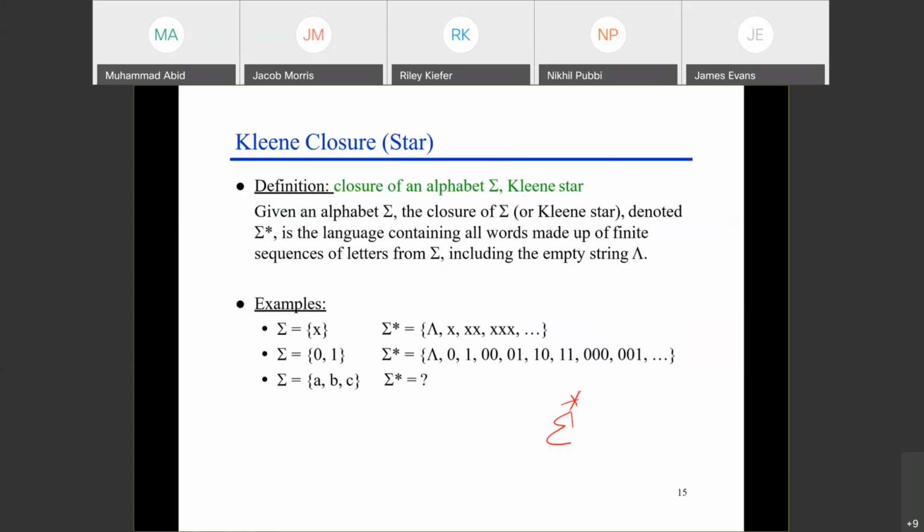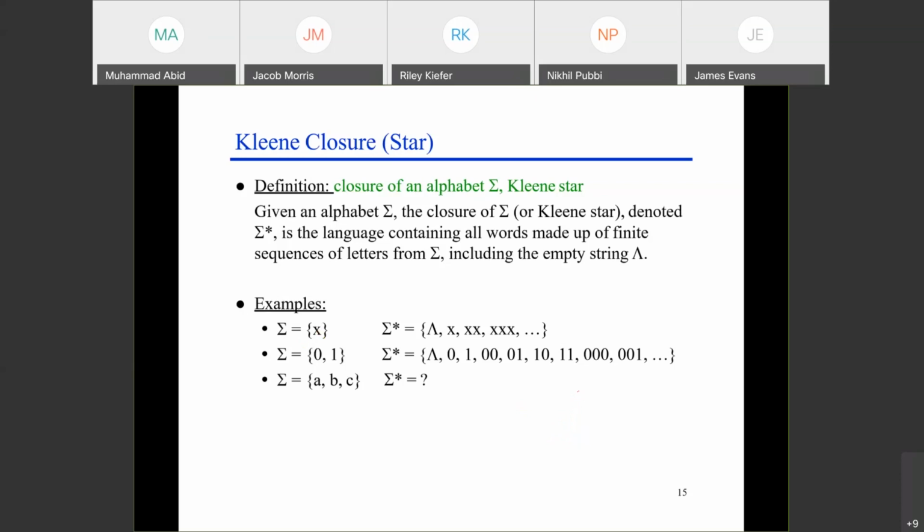Now, what is this? It is the language containing all words made up of finite sequences of letters from sigma, including the empty string lambda. So whenever we have sigma equal to x, and I ask you to apply the Kleene star on this alphabet, you need to find all possible combinations of these building blocks.